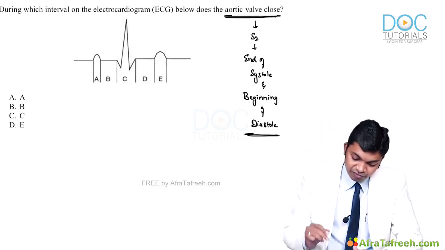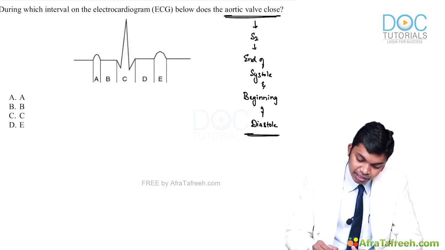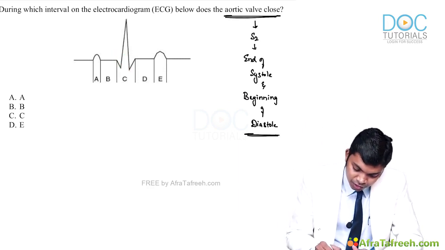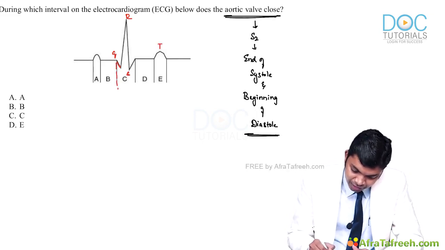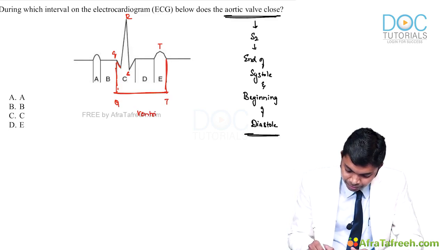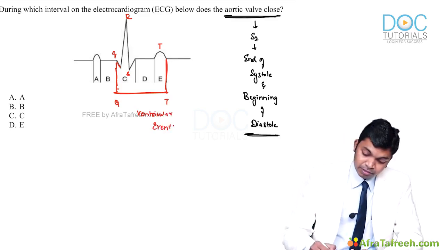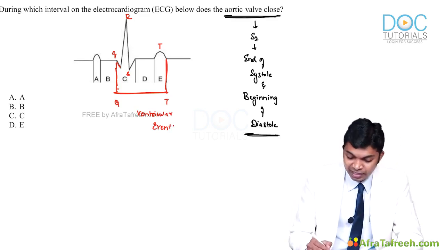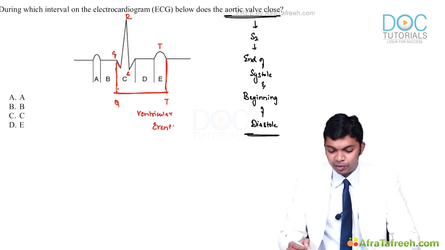So, in this picture, we just saw the QT interval, isn't it? So, this is Q wave, R, S and T. QT interval indicates the complete ventricular event. Let us take up ventricular systole alone first, and then we will take up ventricular diastole, doctors.